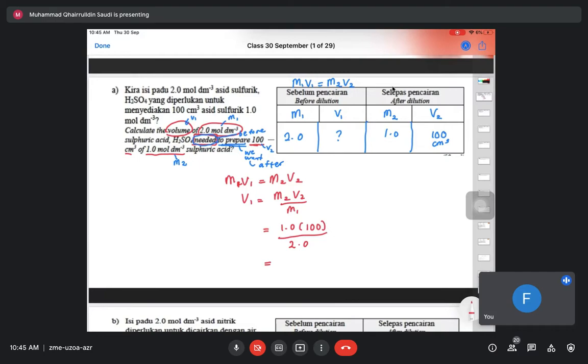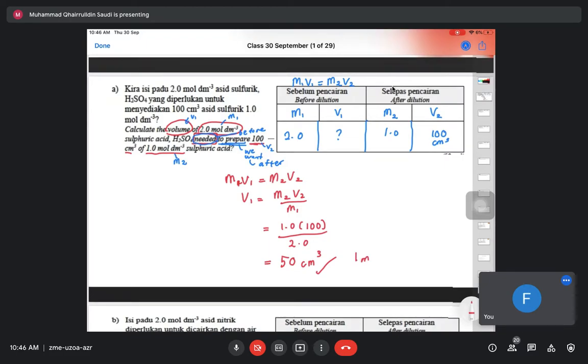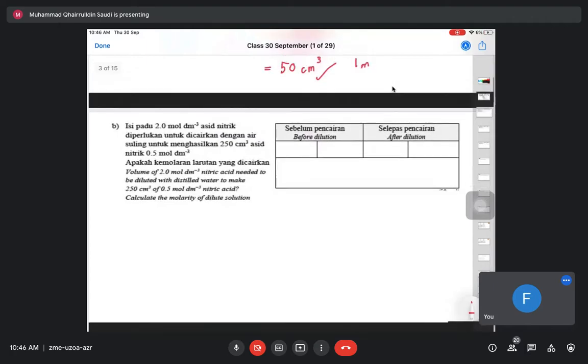And what is your answer? 50. 50 what? 50 centimeter cube. Good. Centimeter cube. Okay, 1 mark. Mark your work. Next question.